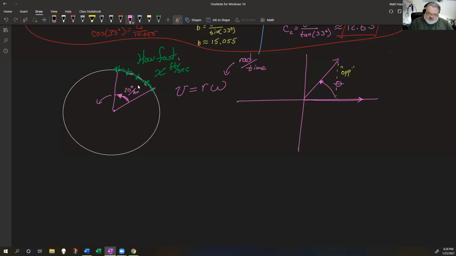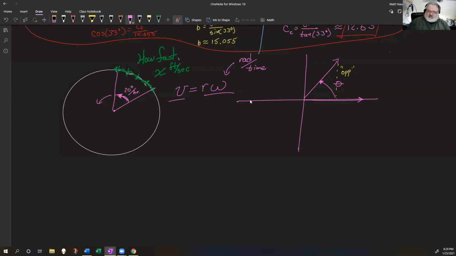So this 20 degrees per hour would technically be kind of irritating. I'd want to change that into radians per hour really fast, because that allows us to use that nice relationship. But you have to be careful about that word linear. It doesn't mean straight line. It means length.